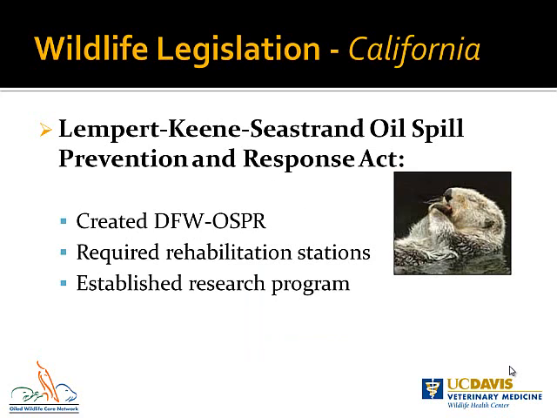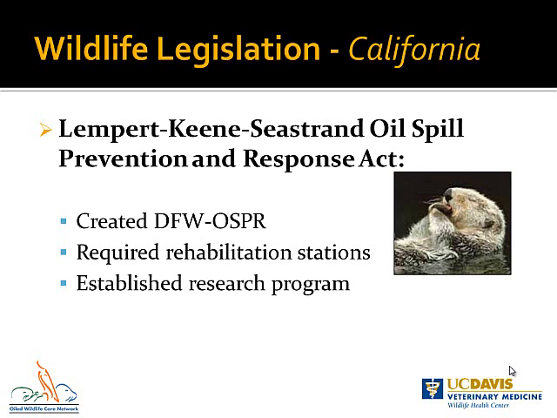So OPA 90 was great legislation, greatly improved our capacity to respond. But California wanted to do better. California thought that it wasn't enough. And so the Lempert-Keene Sea Strand Oil Spill Prevention and Response Act went a step further and created a Department of Fish and Wildlife, OSPR, so a particular group whose task is to respond to oil spills in California.